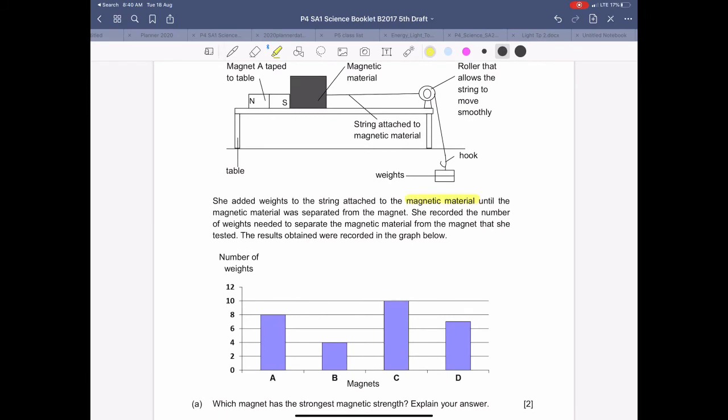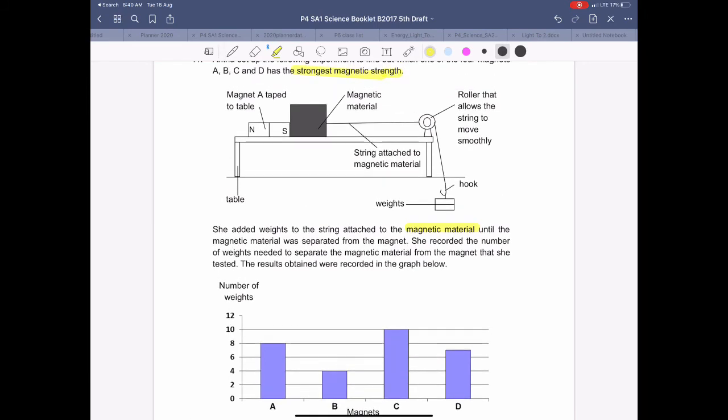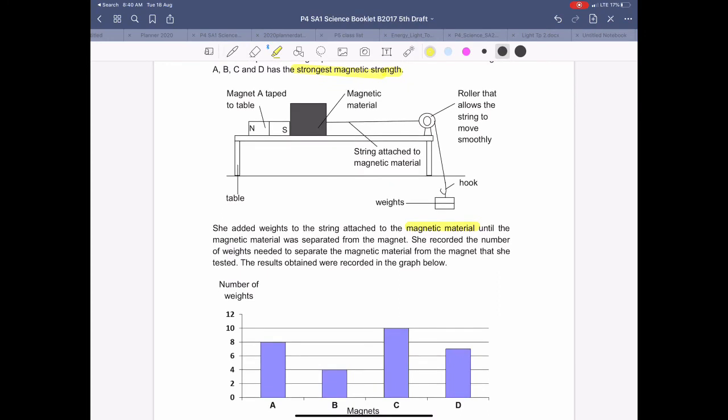So, they tell you that she adds weight to the string attached to the magnetic material until the magnetic material was separated from the magnet. So what happens here is that you have a weight over here and you keep adding it. When you add weight, you will actually pull the magnetic material in this direction.